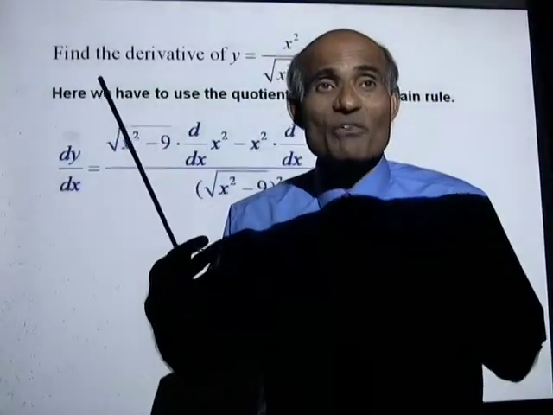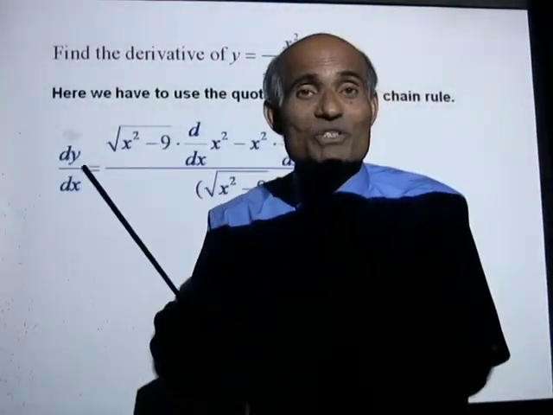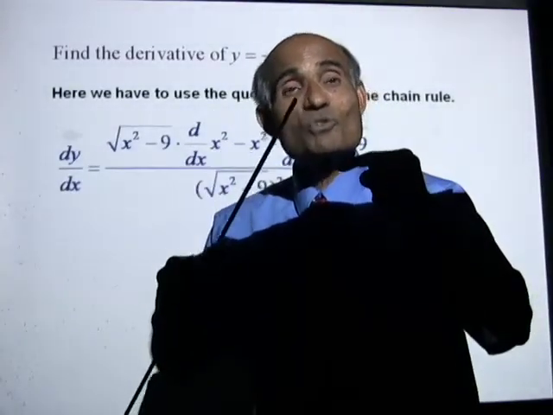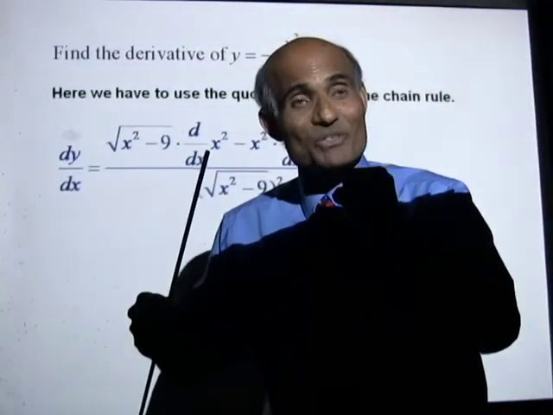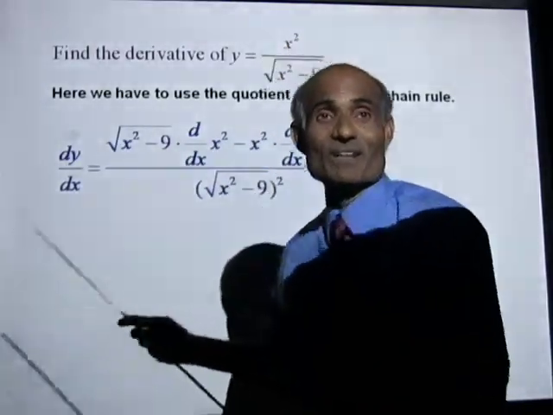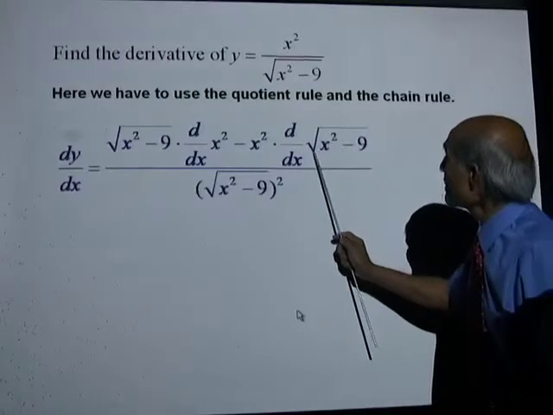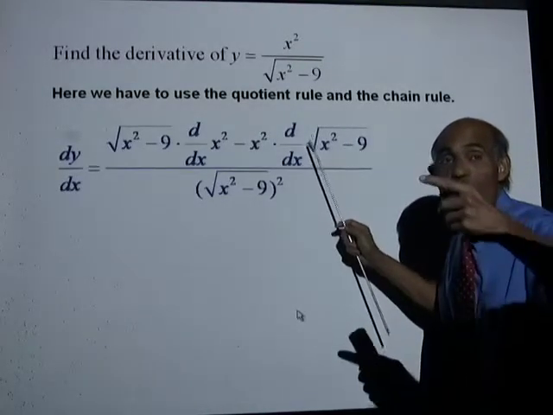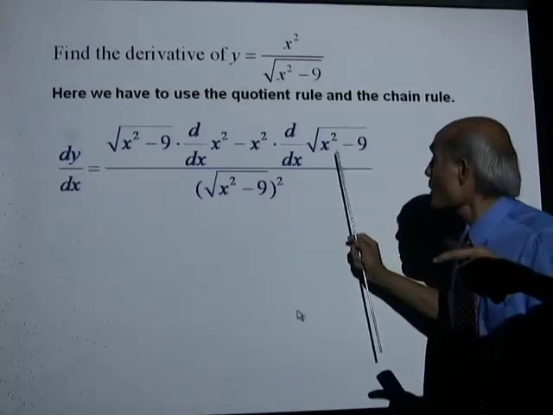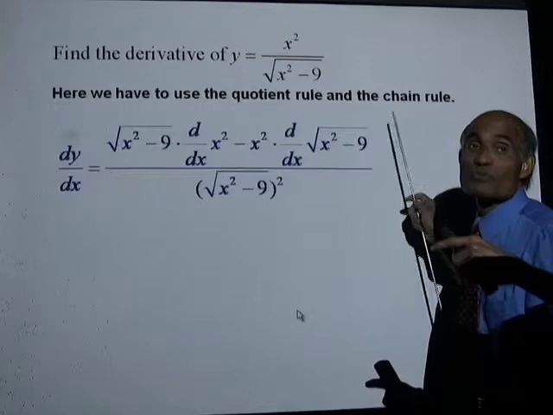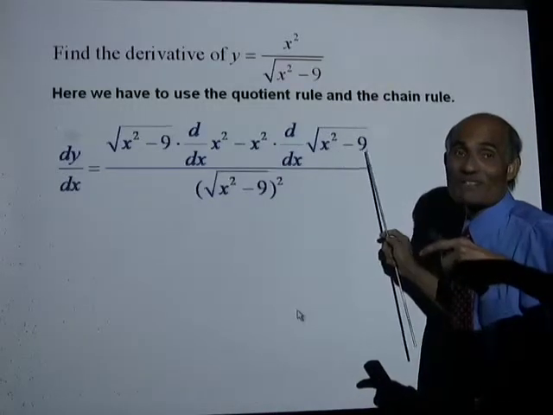The derivative of a square root quantity is what? 1 over 2 square root of that quantity times the derivative of that quantity. So the derivative of square root of x squared minus 9 will be 1 over 2 square root of x squared minus 9 times the derivative of x squared minus 9.